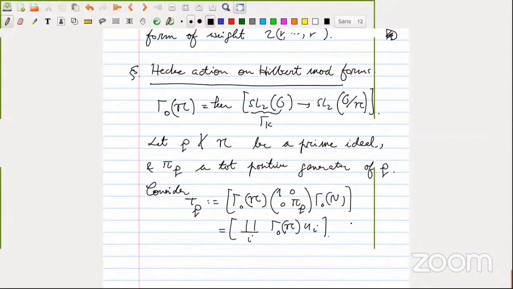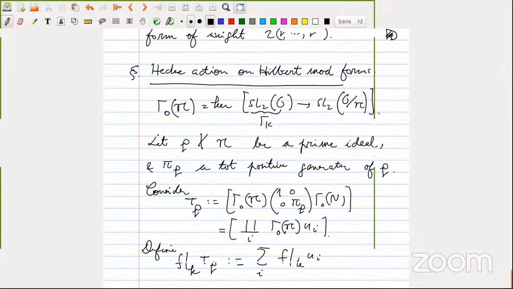Then for f of weight k, T_P f is defined to be the sum over i of f slashed with weight k by u_i.